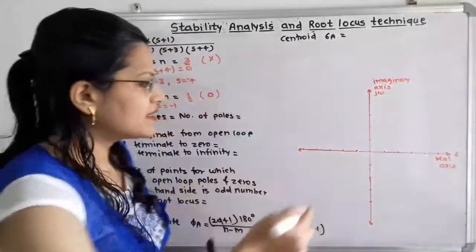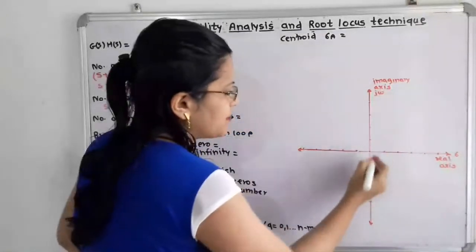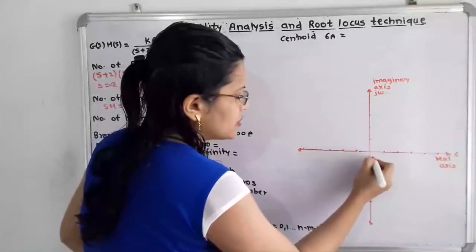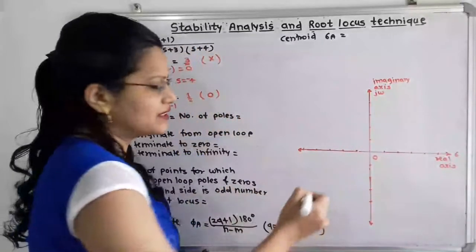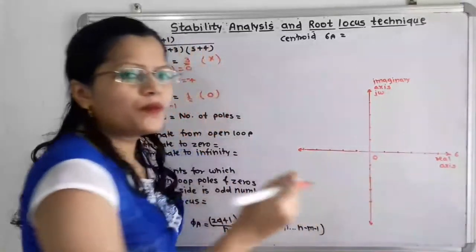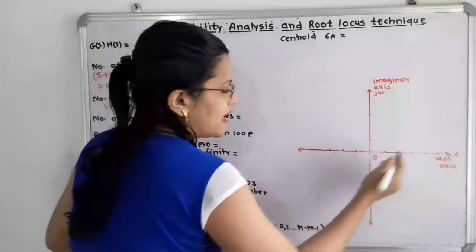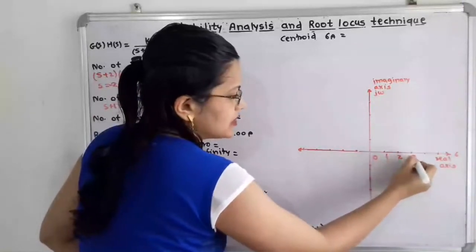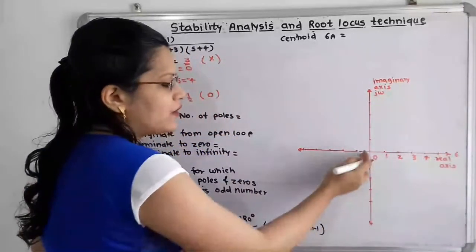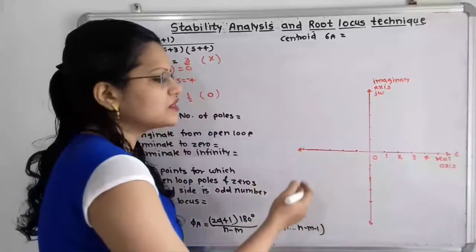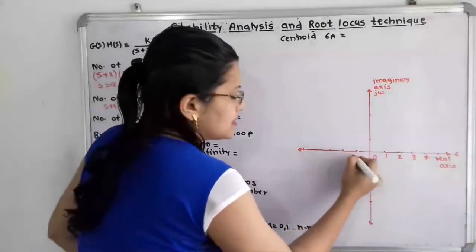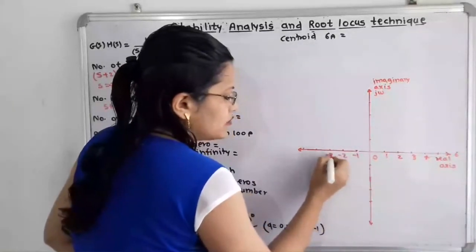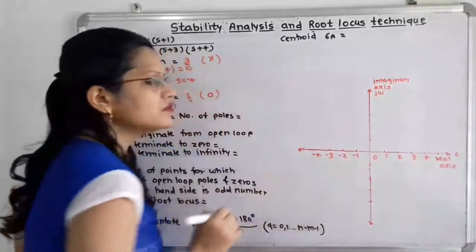The point of intersection of the real axis and the imaginary axis is known as the origin. I will call it O or 0. Then how do we plot the points? On the right hand side we take the positive values, that is 1, 2, 3, 4 and so on. And on the left hand side of the real axis we take the negative values, that is -1, -2, -3, -4 and so on.